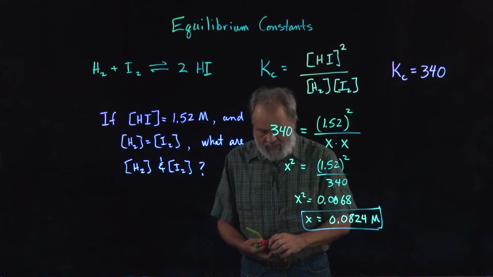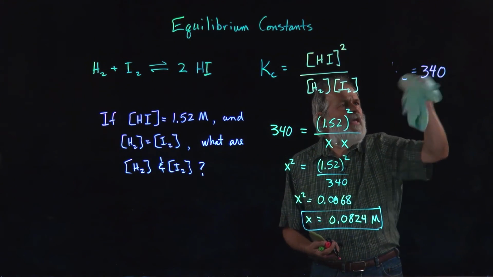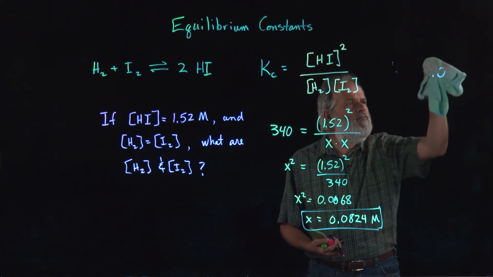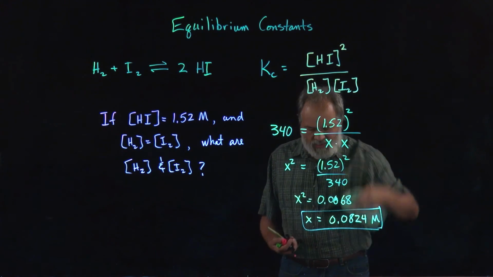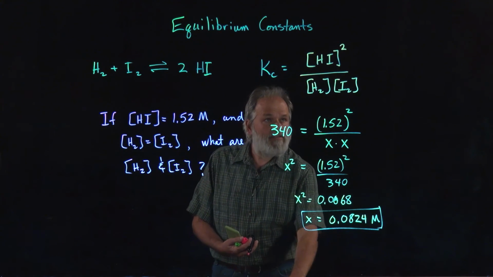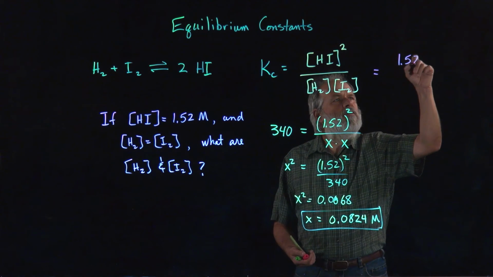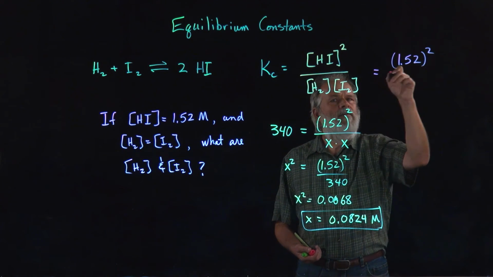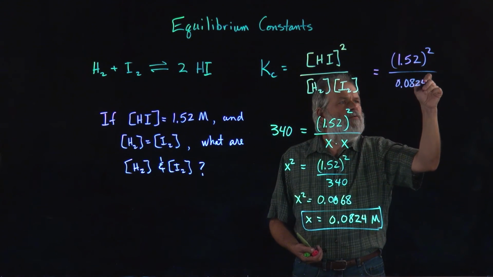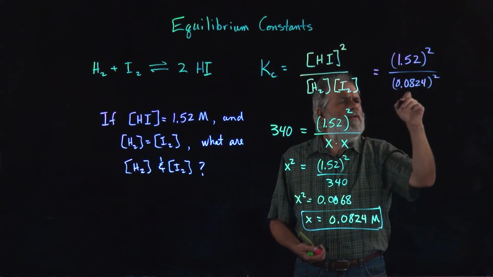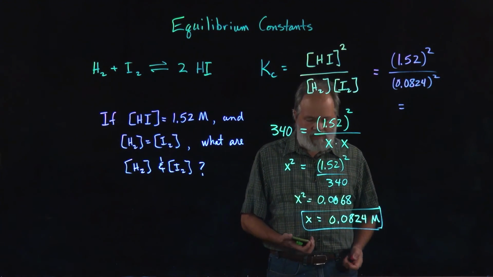So what you do is you calculate the actual numerical value of K with the numbers, the whole set of numbers now. All right, so you'd write the expression and then literally put in all these numbers. You say 1.52 squared divided by 0.0824 squared, and it should be 340.